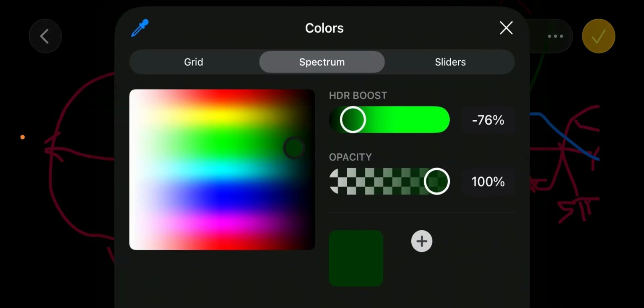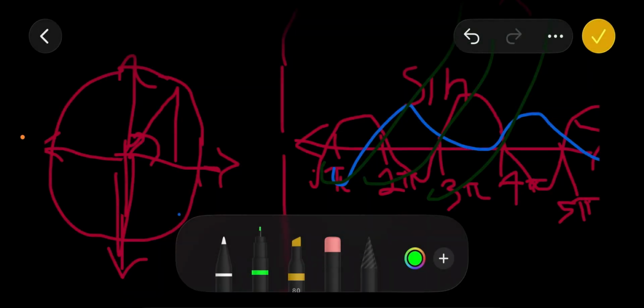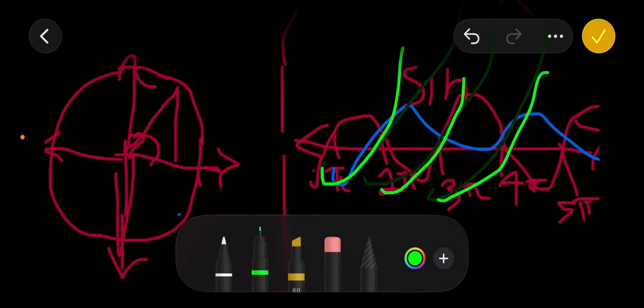It's just straight lines. I know this looks messy, but it's called wave exploration. So if we bring the radius all around the circle, it'll create a wave.